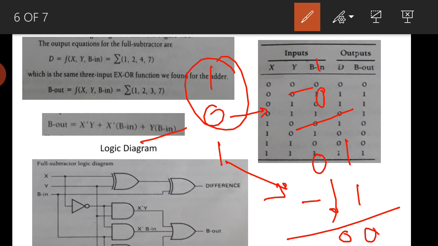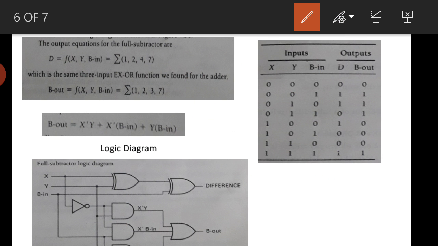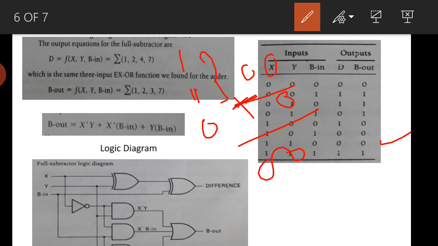You can see here the outputs are 0 0. Similarly for 1 1 0, 1 minus 1, difference is 0, borrow is 0. So anything with 0 subtraction means obviously it is 0 0 only.